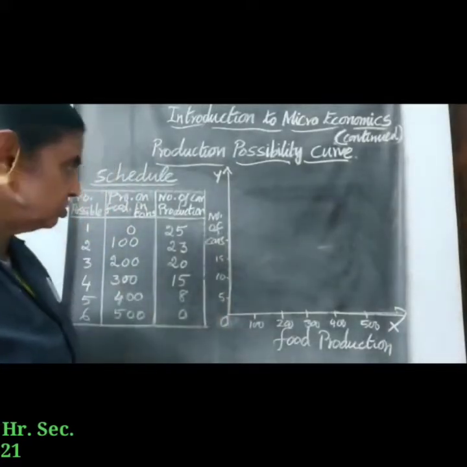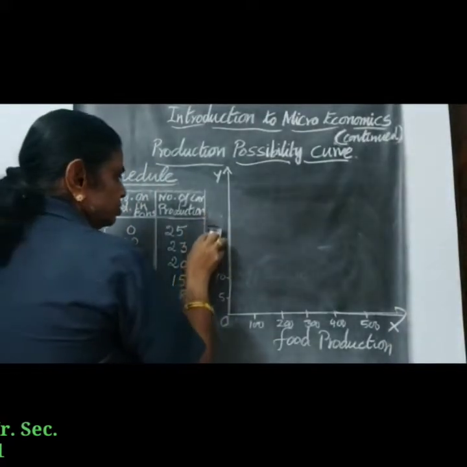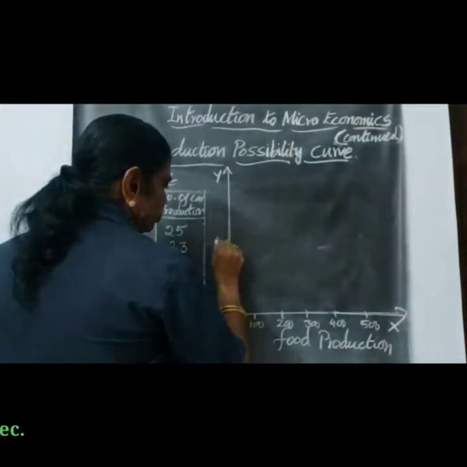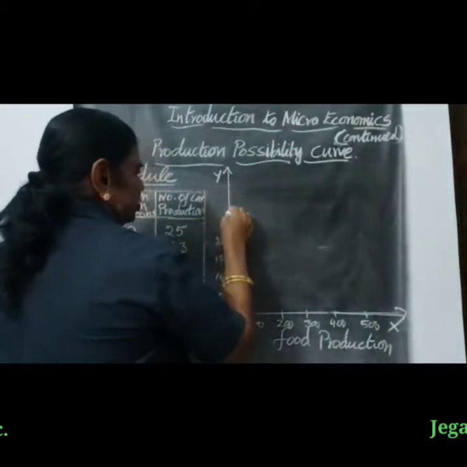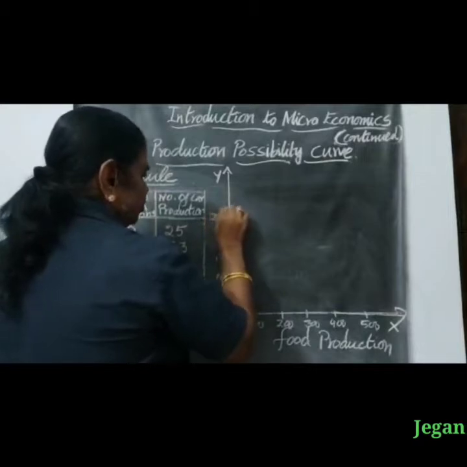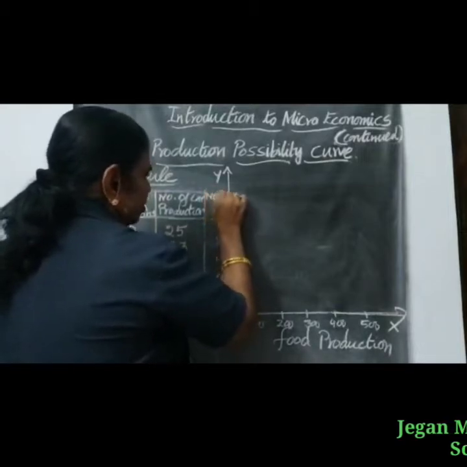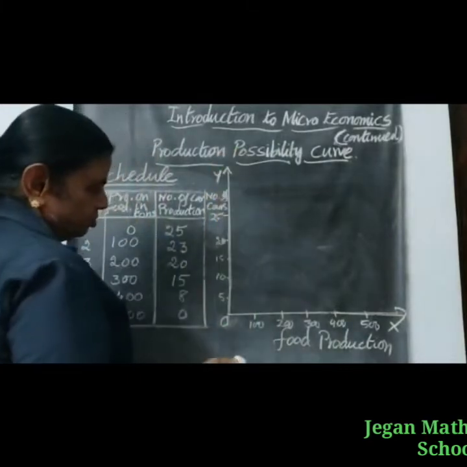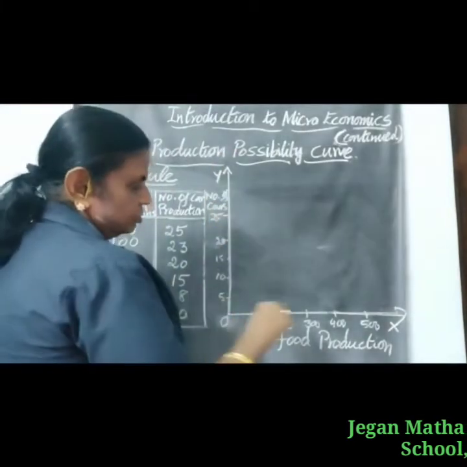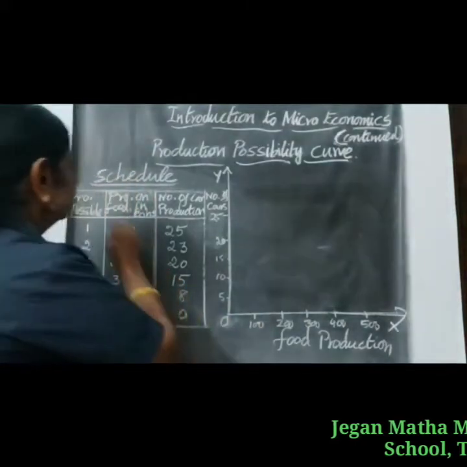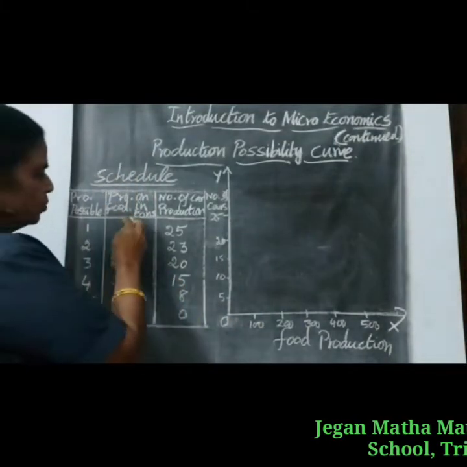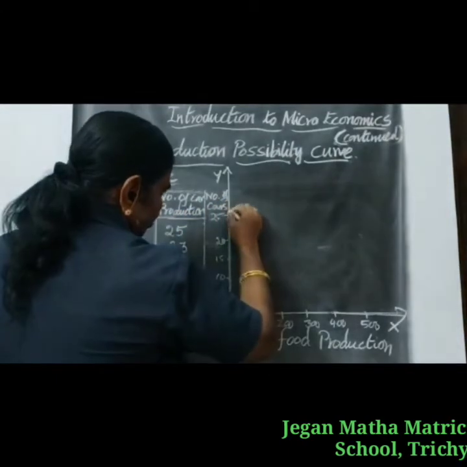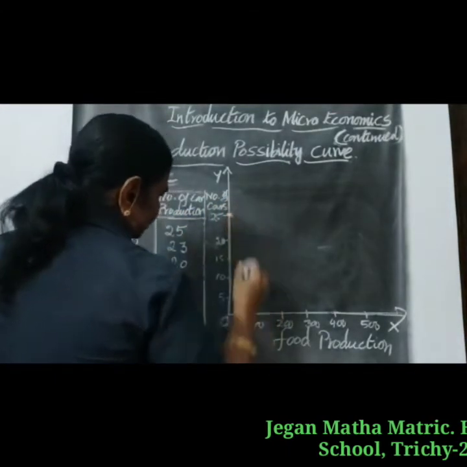So 20, and then 25. So in the y-axis, number of cars produced. So 25. So now just see here, according to the schedule, food production is 0, but number of cars is 25.